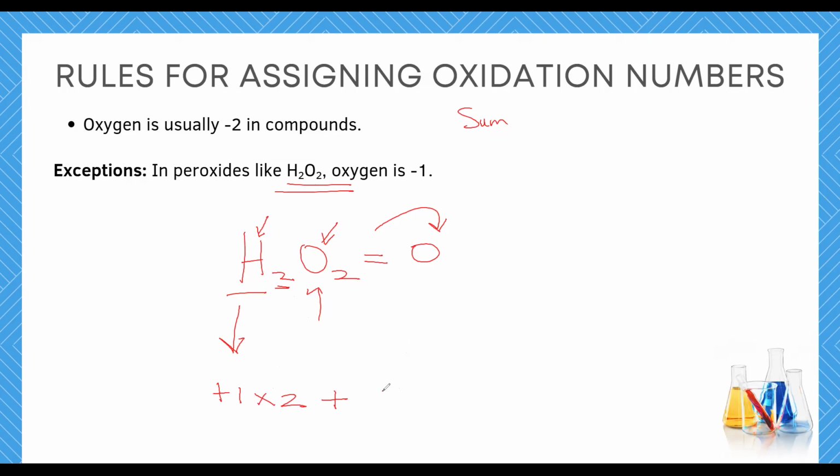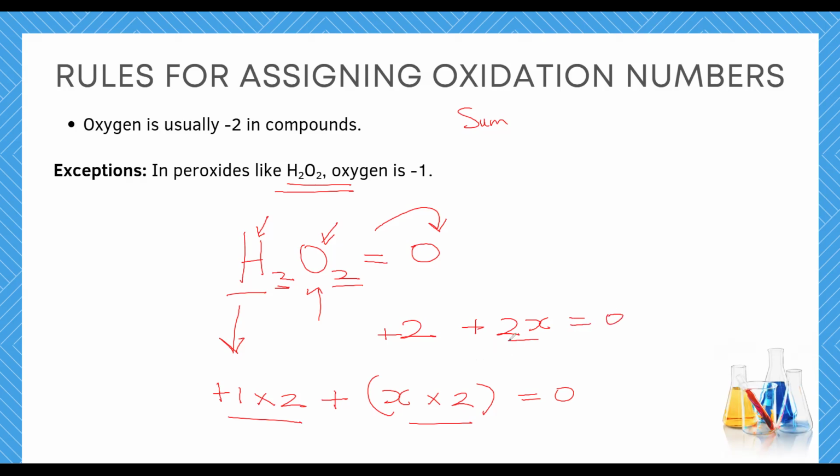So let's name it X. And then we have 2 atoms of oxygen. So it becomes X times 2, all equal to 0. So altogether we have +1 multiplied by 2 gives us +2, plus X multiplied by 2 gives us 2X. Everything is equal to 0.